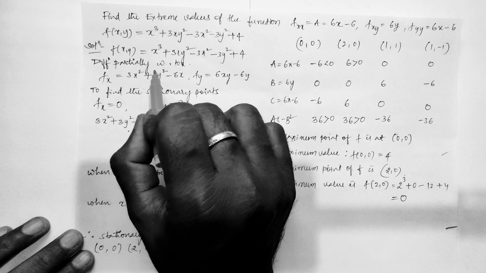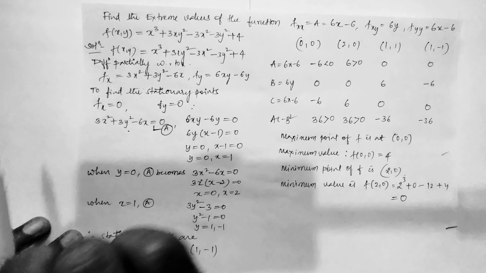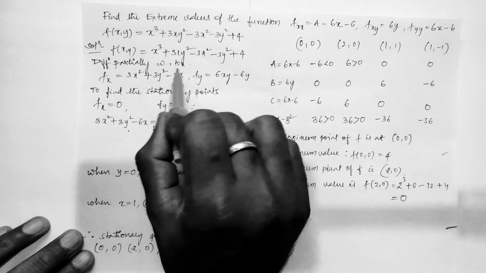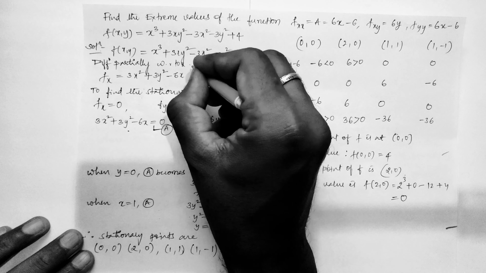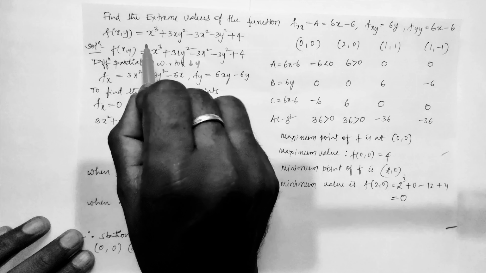So as usual, we know the procedure very well: write f of x comma y as it is, then differentiate f with respect to x and y partially. So what is fx?